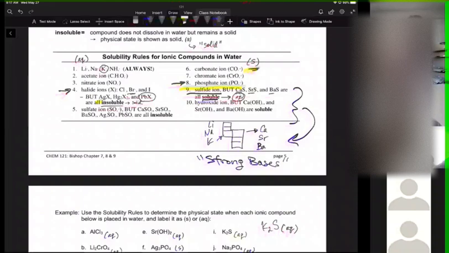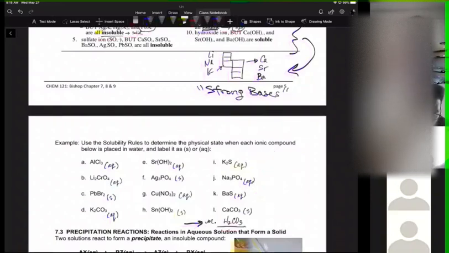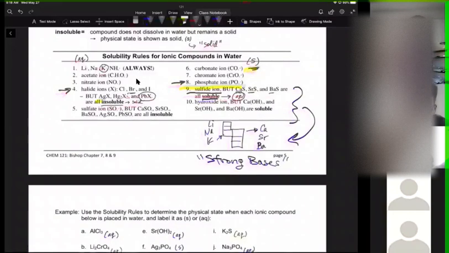Okay, now I have another question for you. What about H2CO3? What is that? Okay, so we go through our solubility rules and we get all the way down to carbonate right here. But is this an ionic compound? So if we get to carbonate, then we're going to think, okay, this is solid.